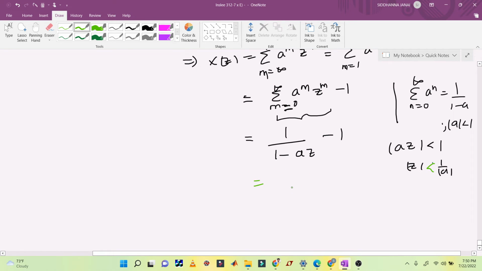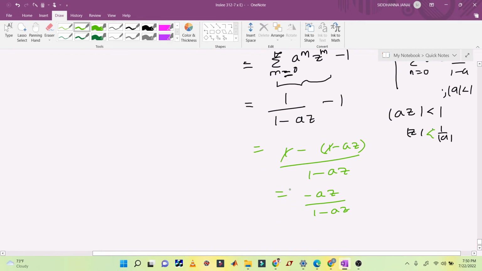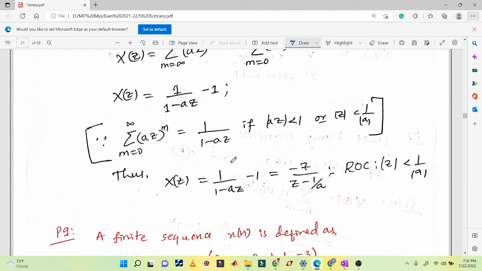So now simplify it. 1 minus az divided by 1 minus a into z. So this minus and minus will cancel out. Minus az divided by 1 minus a into z is the answer. So the same thing has been written in the other form here.